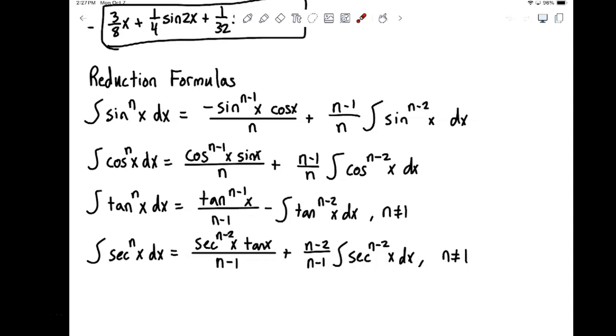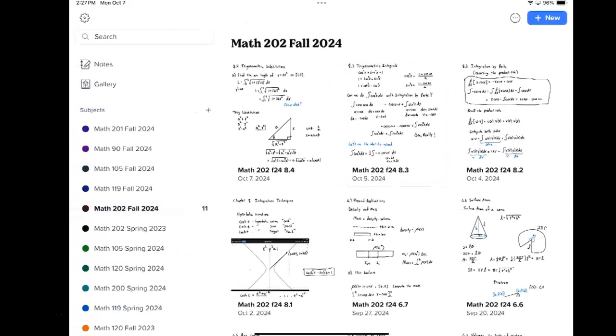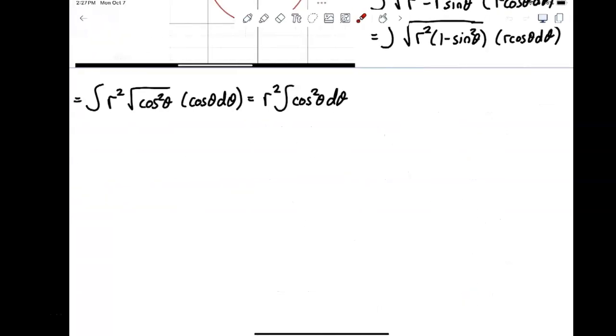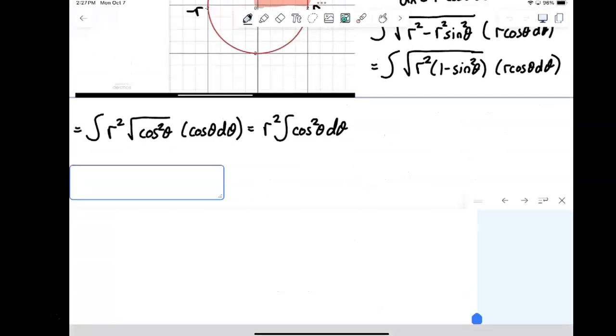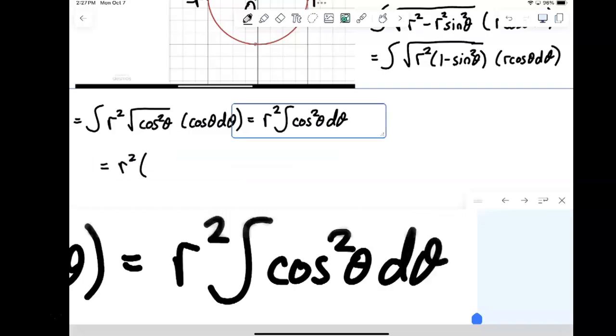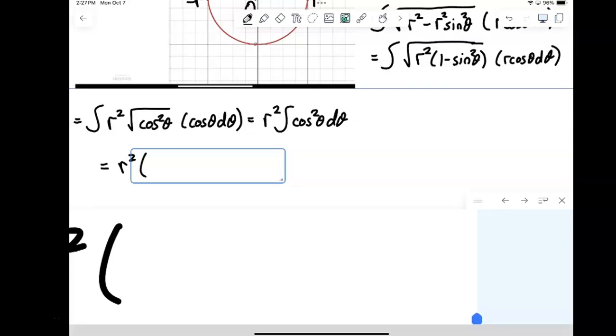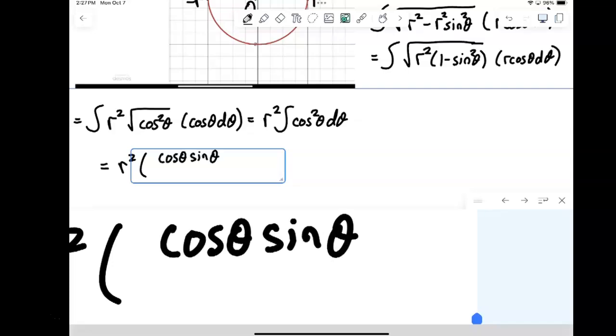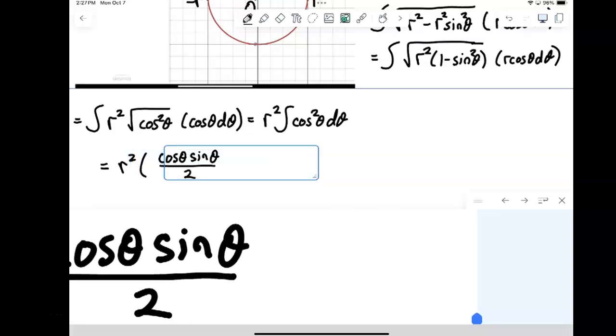Okay, and so that's exactly what we're going to do, is use that formula. So this would be equal to r squared, okay, cosine one power lower, would be cosine theta sine theta, divided by 2.